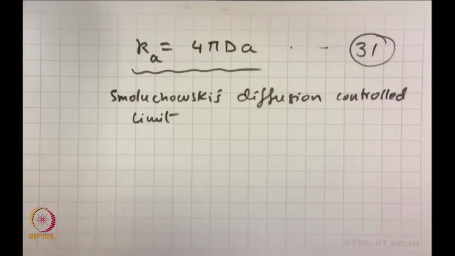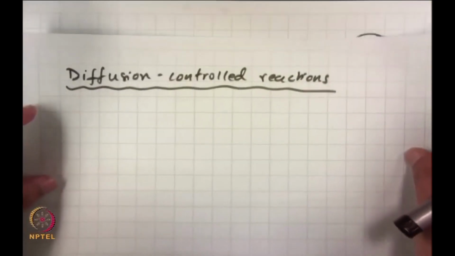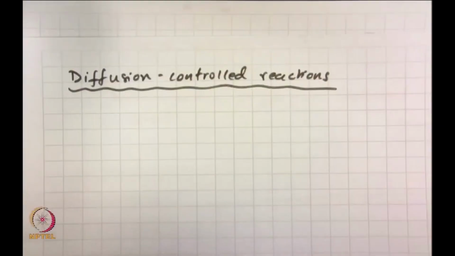Now, I hope you understand. Remember, I wrote this thing down and I said I will come back to it. I wrote this as diffusion controlled reactions. So, what do I mean by diffusion controlled reactions now?